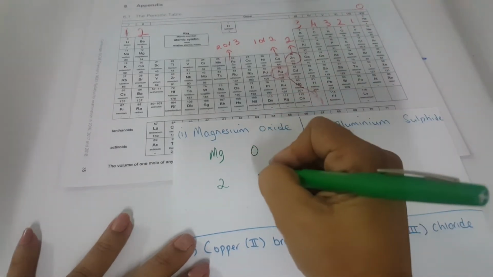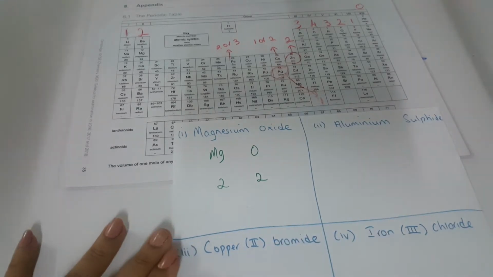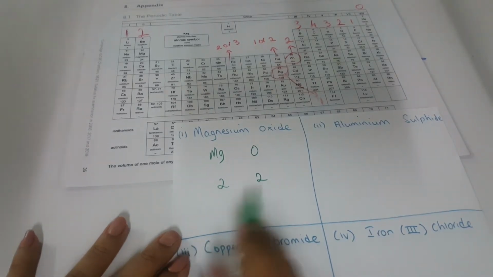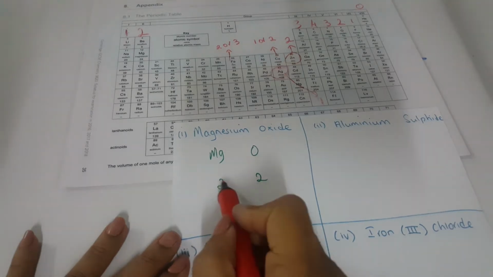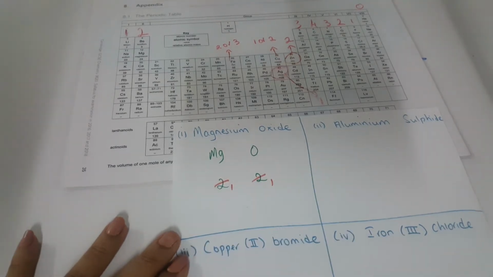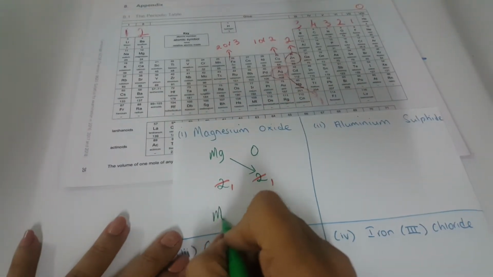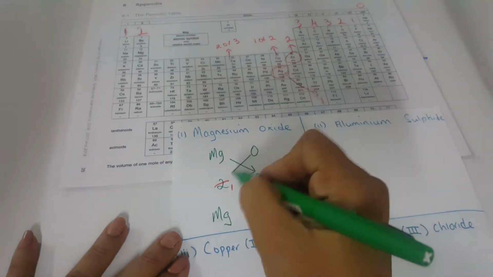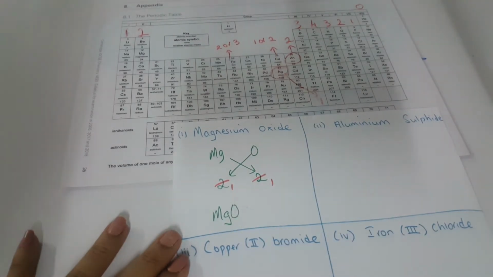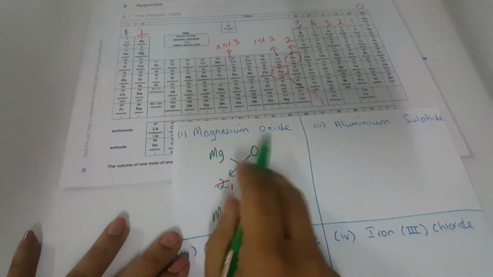Now, this ratio can be simplified. So I can just say, 2 by 2 is 1, 2 by 2 is 1. And then we cross it. Mg takes the 1, there's no need to write 1, and O takes the 1 as well. So MgO is the chemical formula of magnesium oxide.